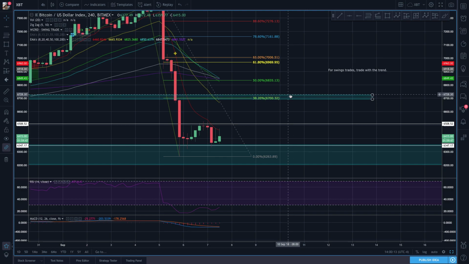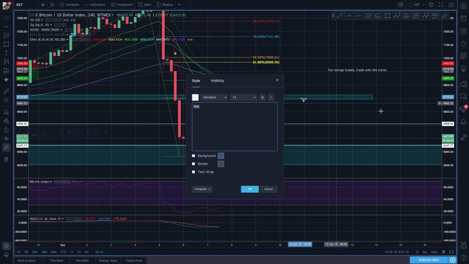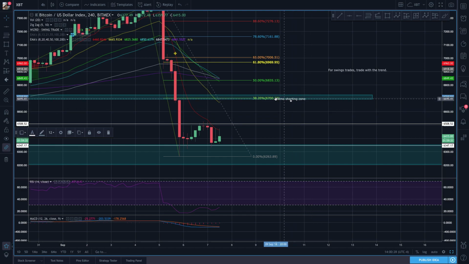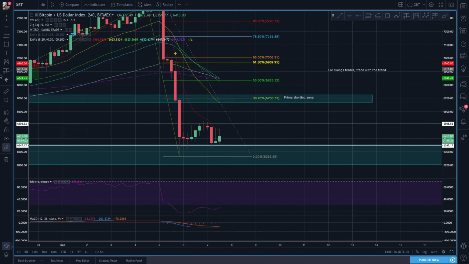Can we actually do that with this? I don't think we can. So let's bring in the text. Let's say prime shorting zone. Prime shorting zone is in this area right here, right? So if you're going to stack some orders, you could stack a few orders in, starting around this level, maybe one here, maybe one here, maybe one here.